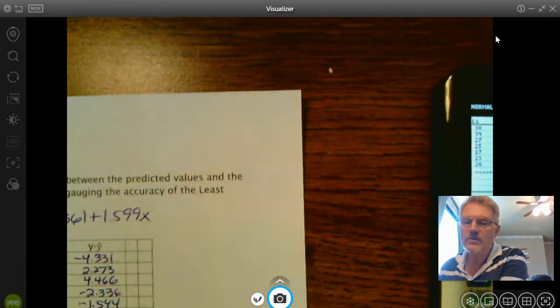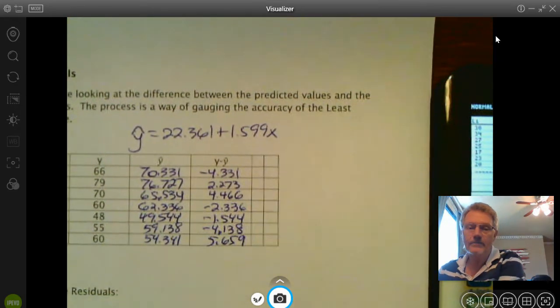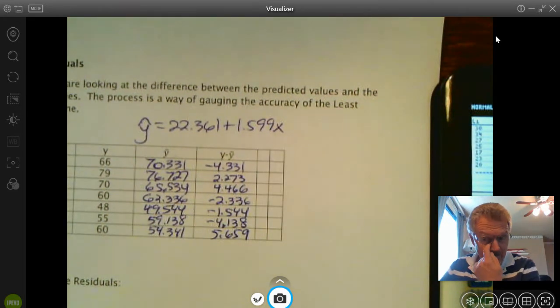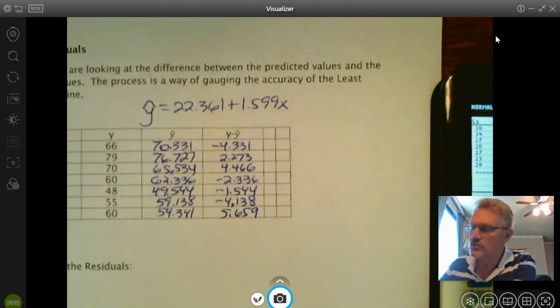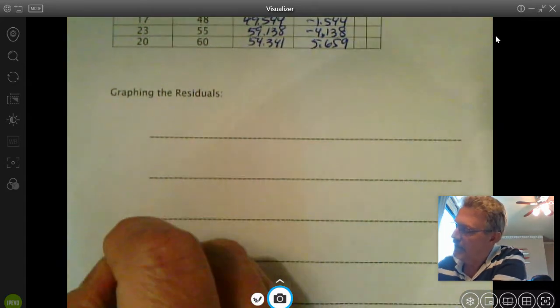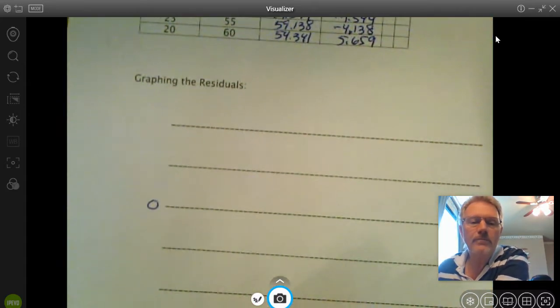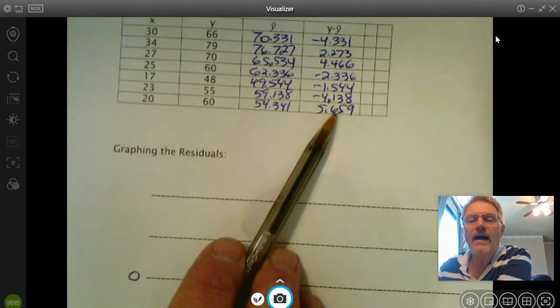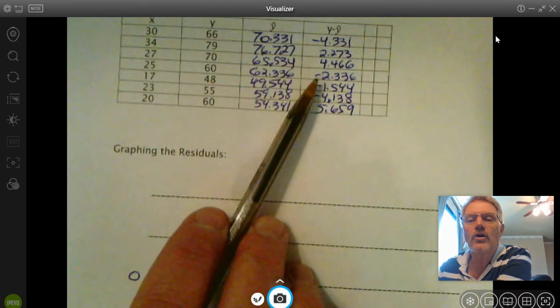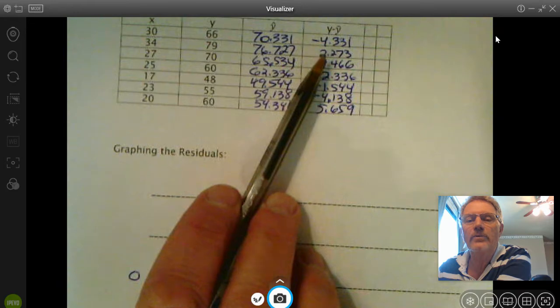So coming up with the data is not that big a deal when we have the calculator to work with. When we graph those residuals, I'm going to have 0 in the middle. As I look at the numbers, the highest is 5.659 and the lowest is negative 4.331.